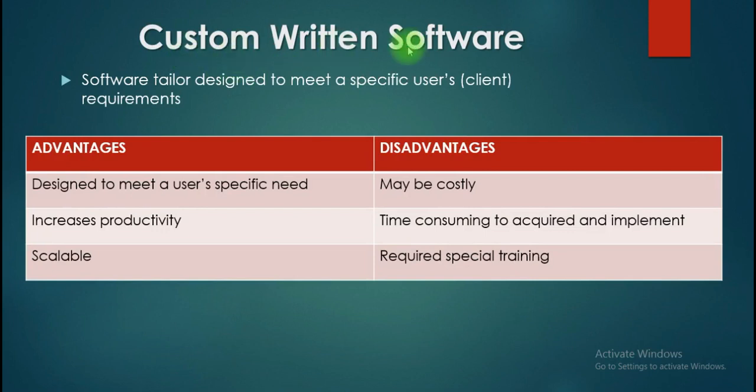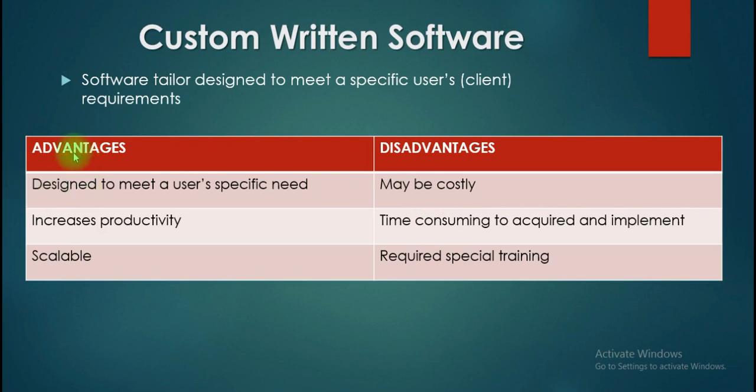Then we have custom written software, and these now, as the name suggests, are software that are custom written, which means that it is tailored to meet the specific need or needs of a particular user. So this is custom built. It is like, for instance, you going to your tailor and saying, hey dressmaker, I want you to make me a pants or a shirt or whatever it is.